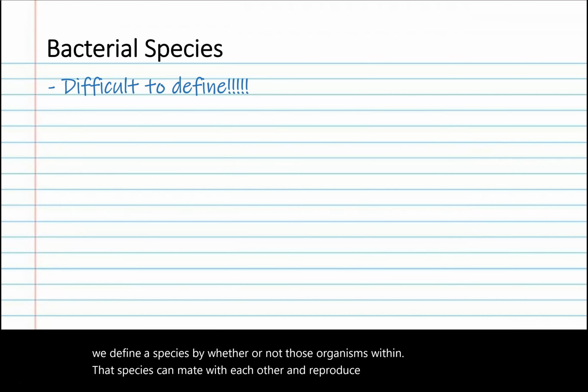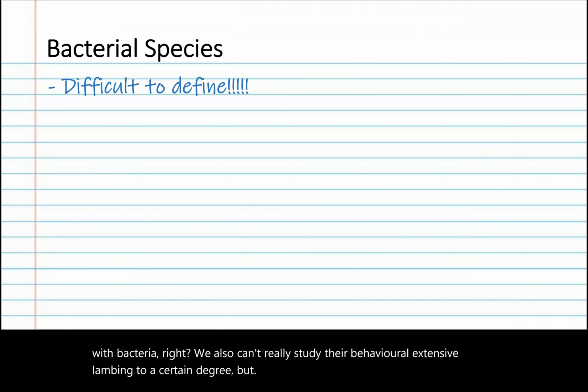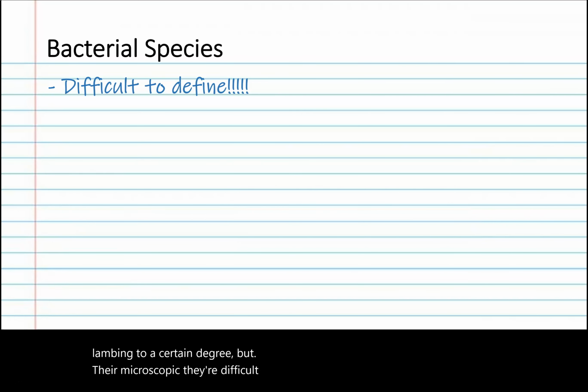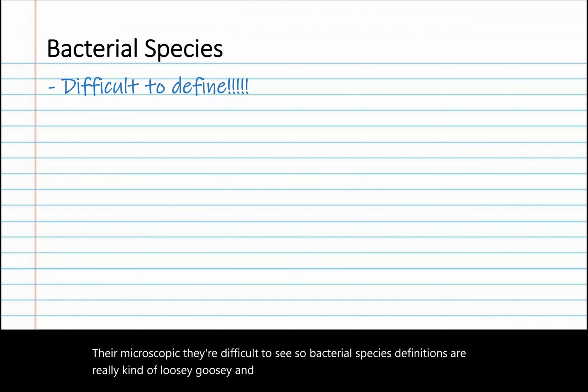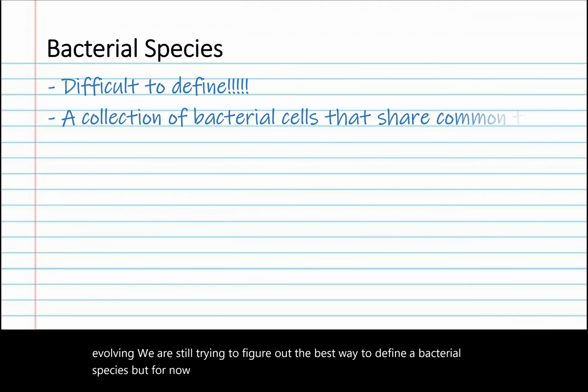But we can't do that with bacteria, right? We also can't really study their behavior extensively, I mean to a certain degree, but you know, they're microscopic, they're difficult to see. So bacterial species definitions are really kind of loosey-goosey, and it's, pardon my pun, constantly evolving. We are still trying to figure out the best way to define a bacterial species. But for now, we say that it's a collection of bacterial cells that share common traits.